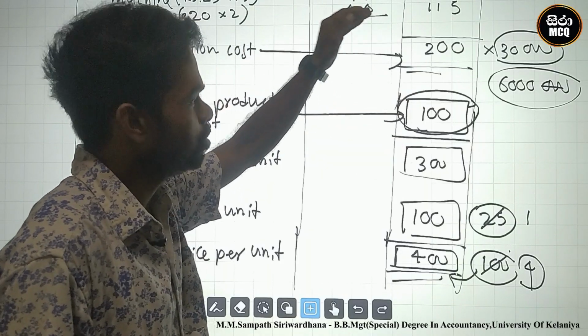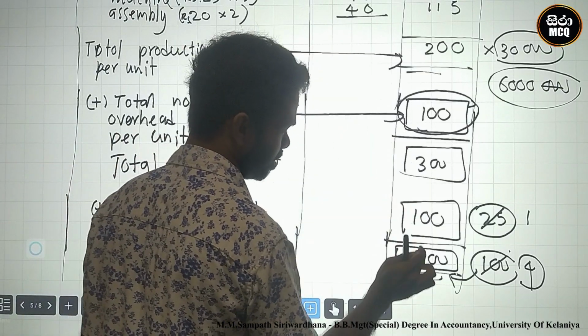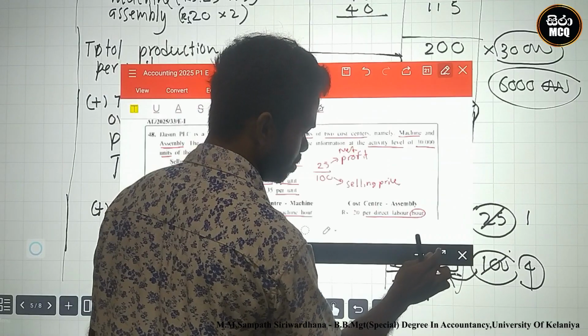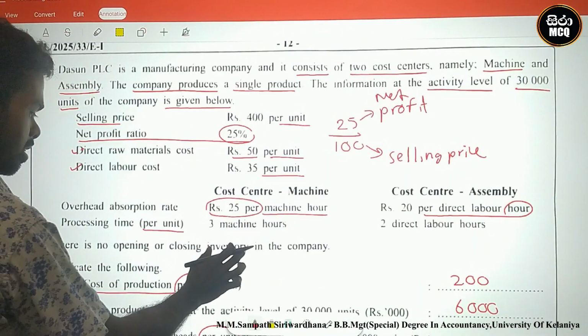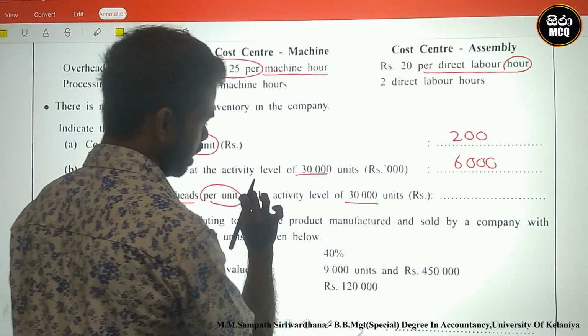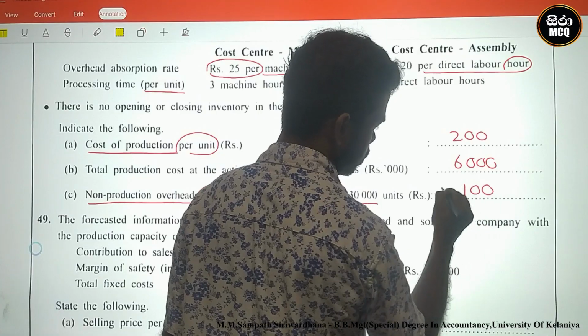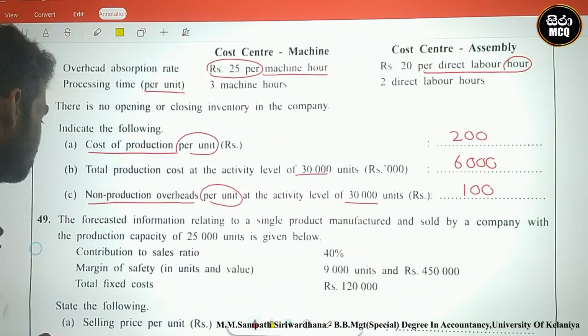Production cost is 200, non-production is 100. Therefore, the answer: non-production overhead per unit at the activity level of 30,000 units is 100 rupees. Okay, this is the answer.